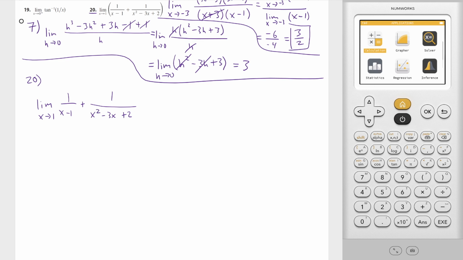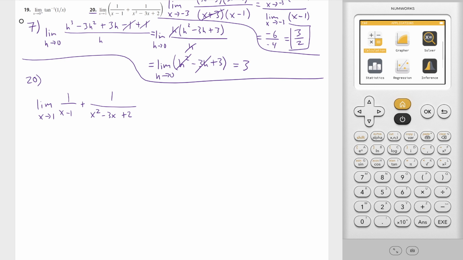Okay, so if we look at this, we'll notice that both of these denominators go to 0. And so it's possible that this limit doesn't exist. But hey, maybe it does. We should try to figure that out.